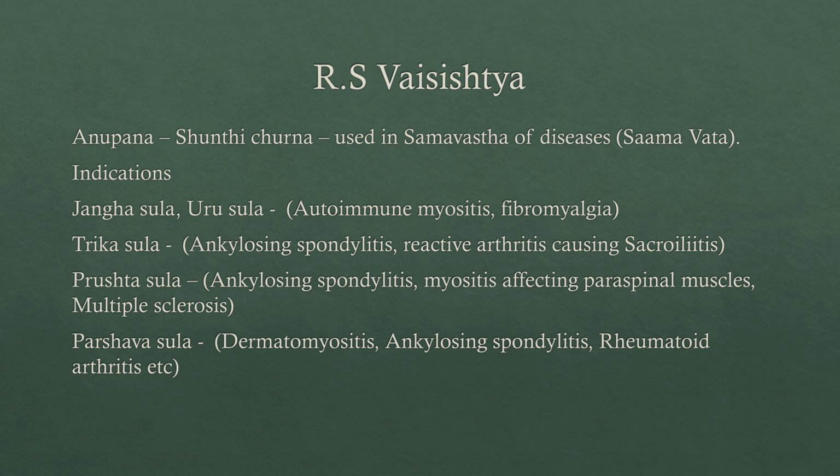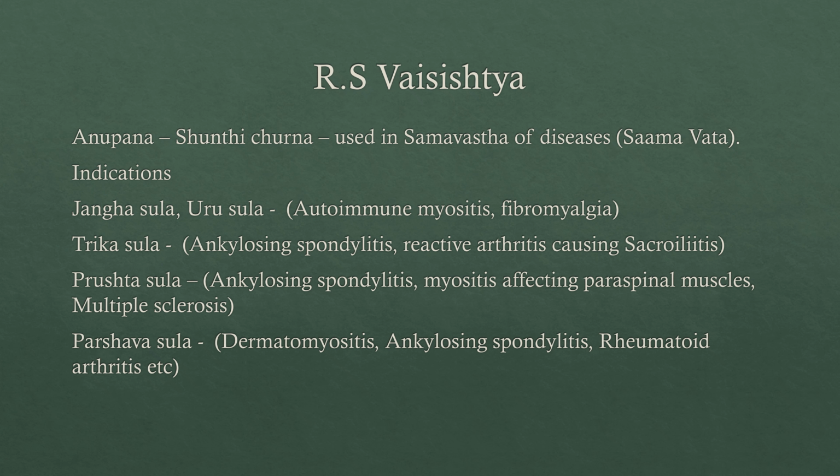Prishthashula can again be due to inflammation present all through the vertebral column or spinal cord. So we can say that it is affecting the whole backside. It can be due to ankylosing spondylitis, myositis affecting paraspinal muscles, or multiple sclerosis. In all these conditions, there is inflammation and pain.